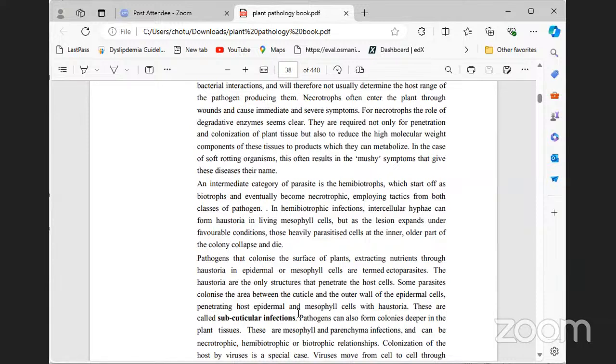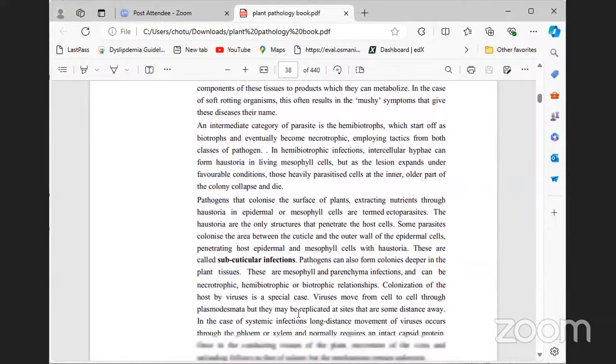An intermediate category of parasite is the hemibiotrophs, which start off as a biotroph and eventually become necrotrophic, employing tactics from both classes of pathogens.